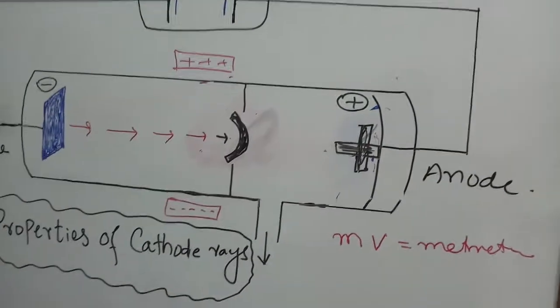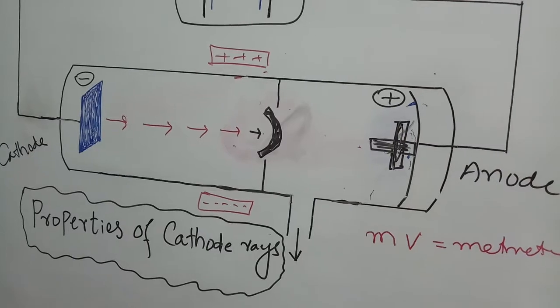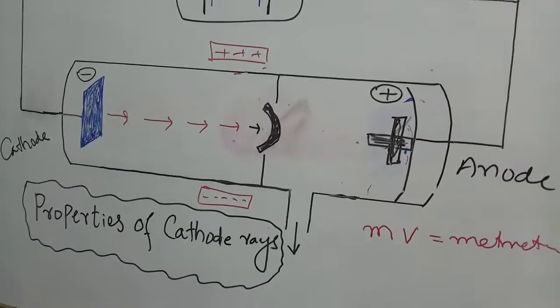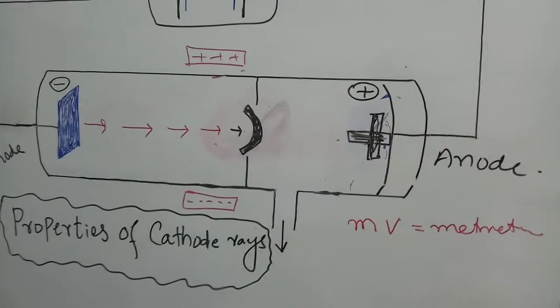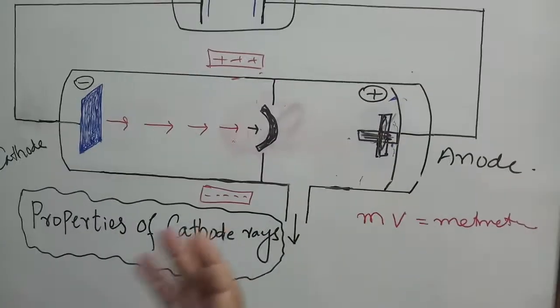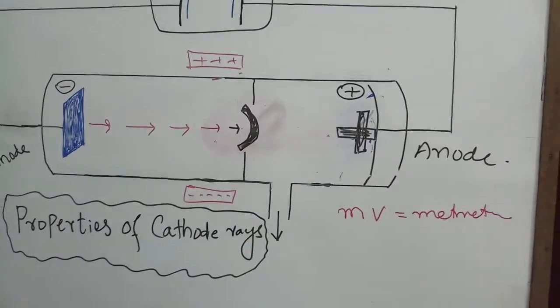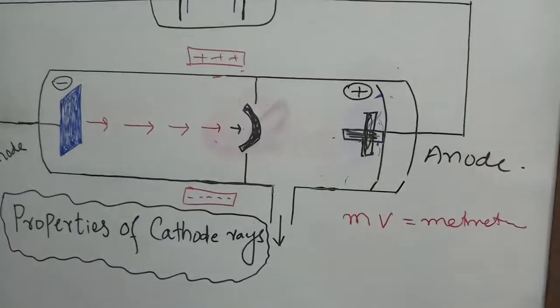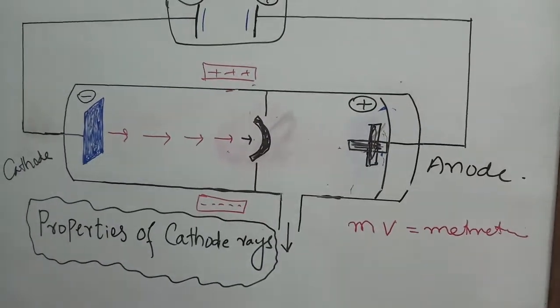This means cathode rays can heat things, just like sunlight when it falls upon any metal utensil, which then becomes hot. Cathode rays have the same property. They can heat up any object placed in front of their path. So this is one property of the cathode rays.